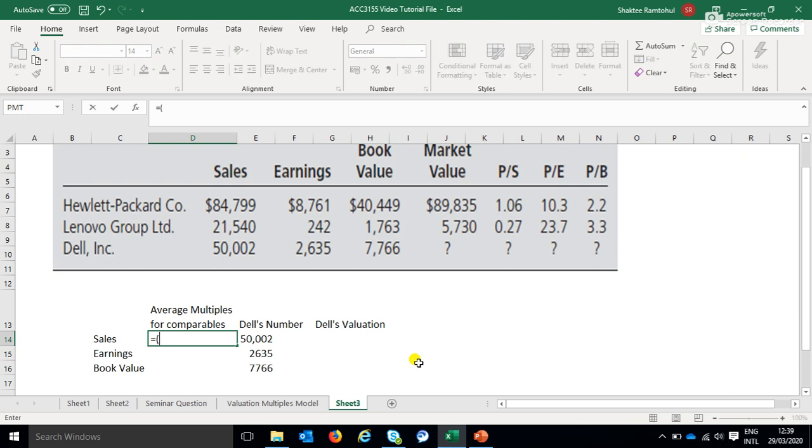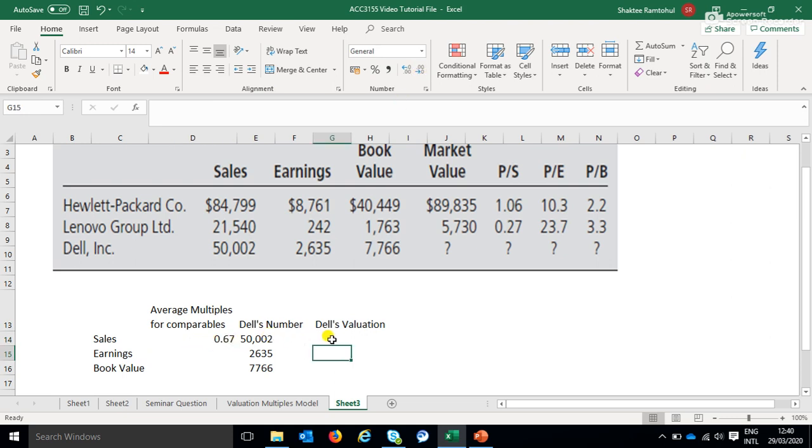So let's see how this works. We know the price to sales ratio for Hewlett-Packard is 1.06. We also know the one for Lenovo is 0.27. And we divide by 2 to get some form of average. Let's reduce the decimal places, so 0.67.